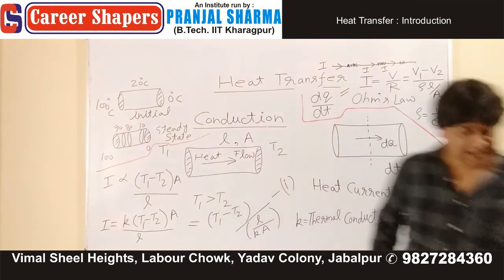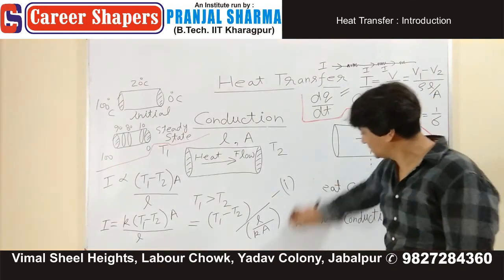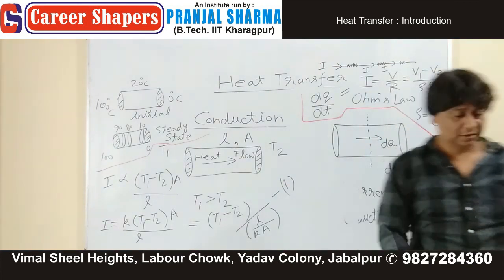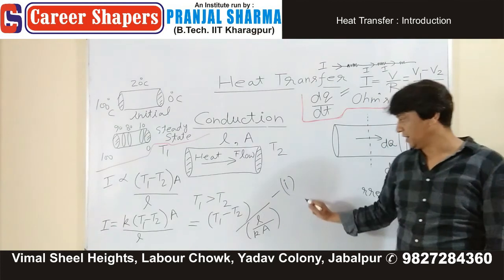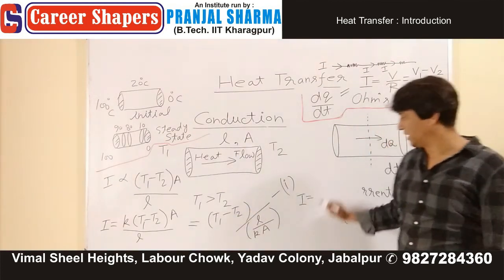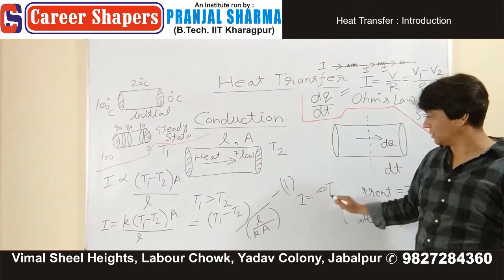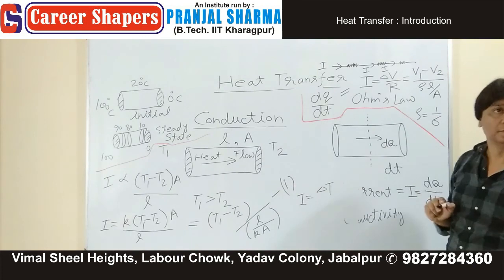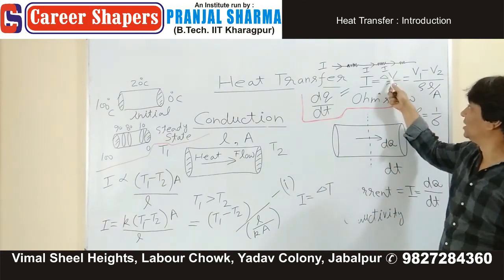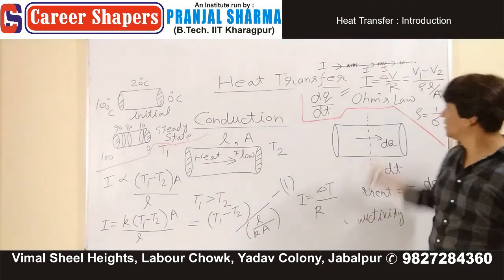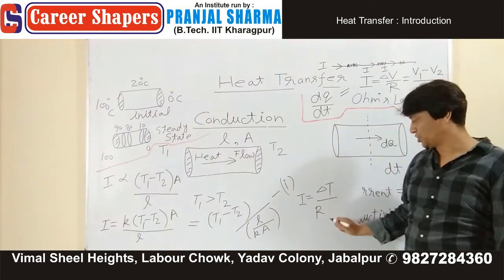Last 1 second, 5 seconds, think fast. This is I. T1 minus T2, let's call it delta T. You can always call this V, delta V. Potential difference divided by R. Which R?